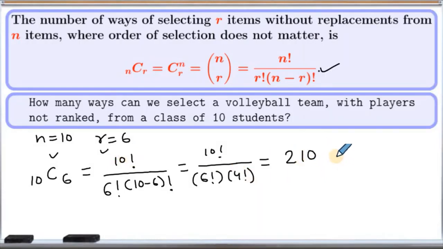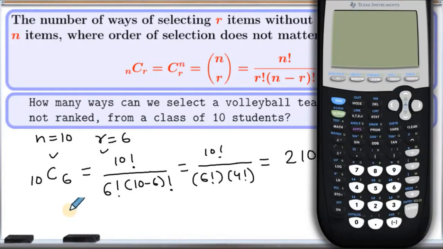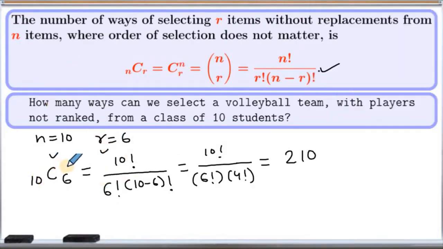So this whole thing can be done in the calculator itself. Let me show you how to do that. While doing that in a calculator, the only thing that we need is this form: we need 10C6.